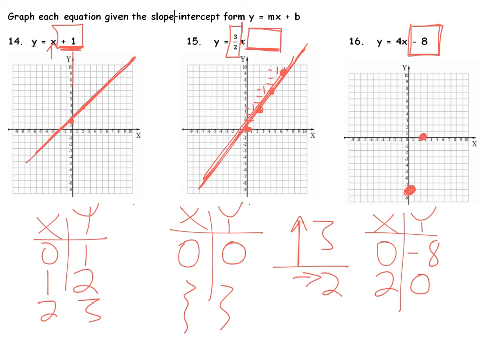Or I can just look at the slope, which I know is 4, and I know I'm going to go up 4 over 1. Starting at my y-intercept, I go up 1, 2, 3, 4 over 1. And I just keep doing that, and I put the dots together, and that is my line.